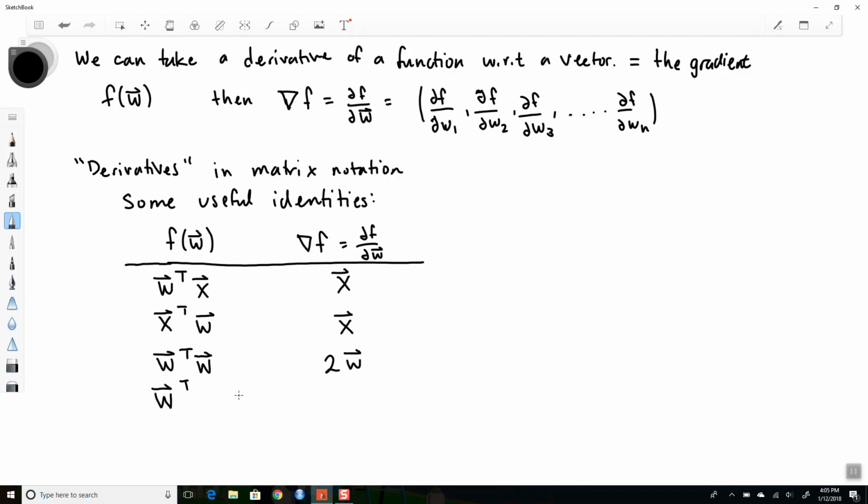And w transpose some matrix C w, you get 2 times the matrix times the vector.